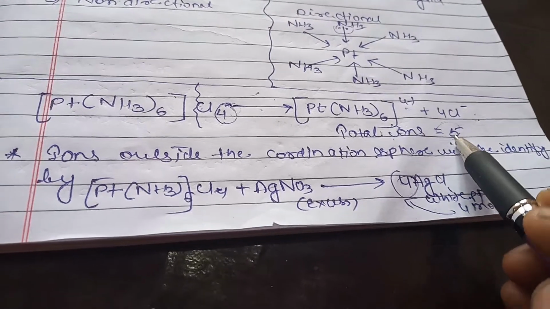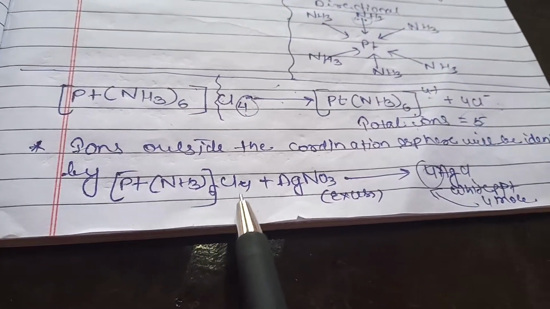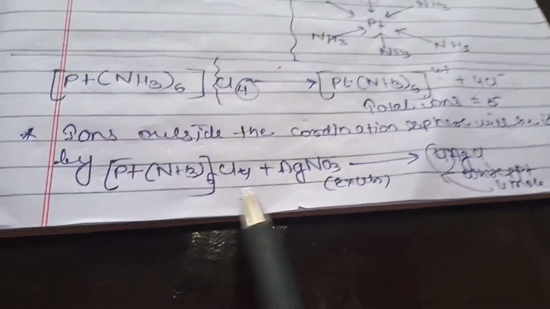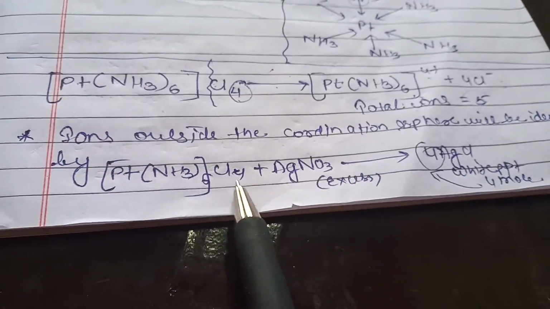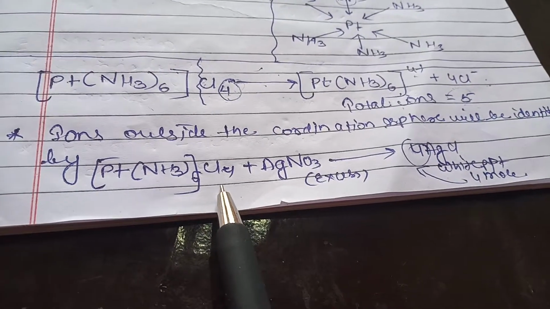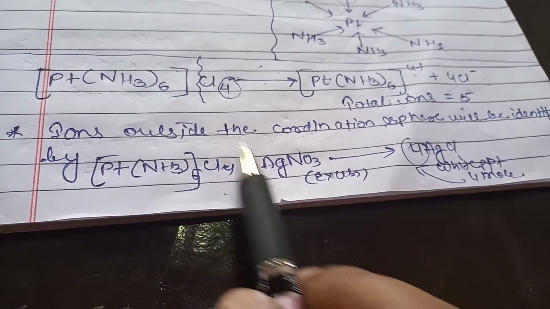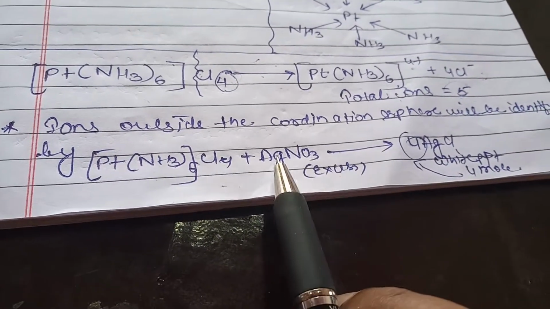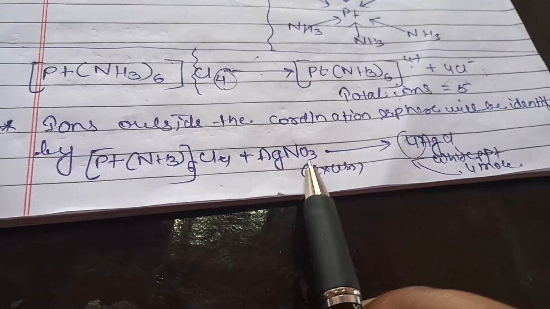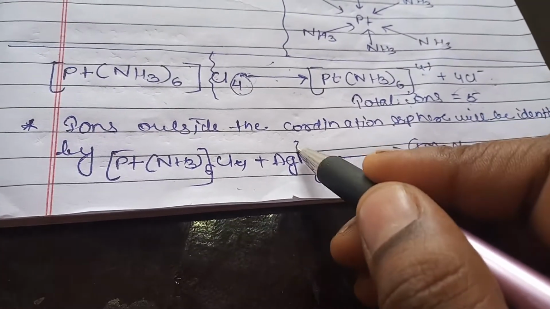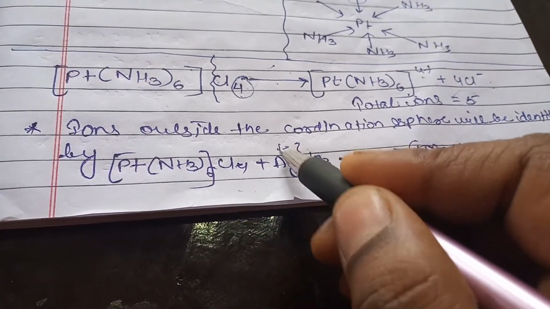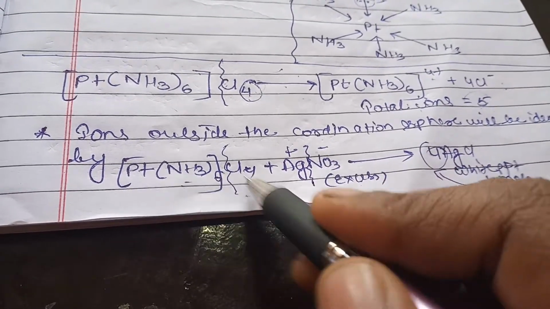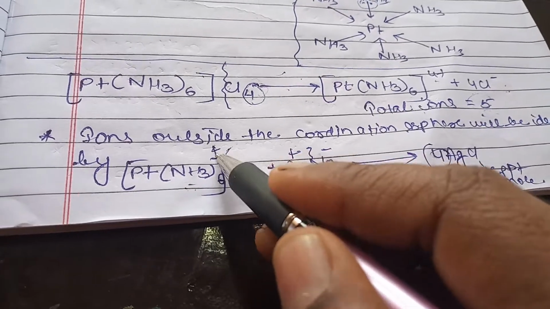Moreover, if I have to calculate the number of ions, how do we come to know that the Cl over here is only 4? For this, Werner conducted an experiment in which he took this coordination compound and treated it with an excess amount of AgNO3 salt. AgNO3, being an ionic compound, cleaves into plus and minus, and this coordination compound also cleaves into plus and minus.